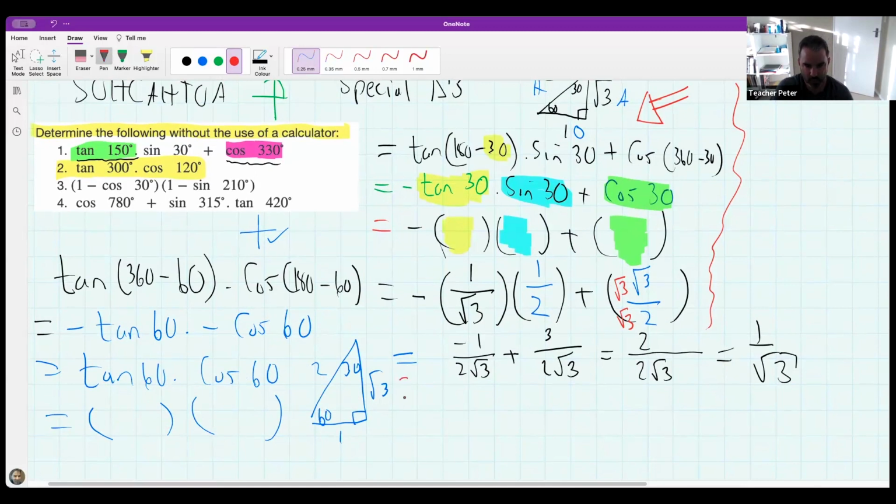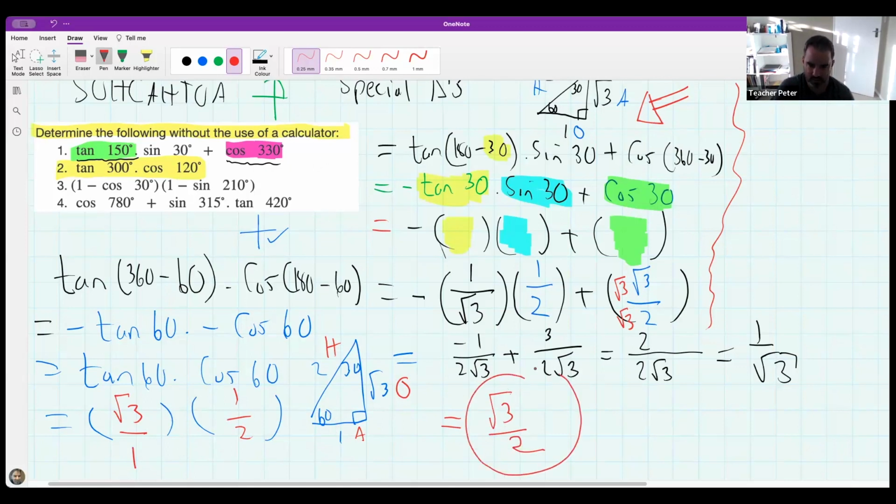So that would be O, H, and A. So tan 60 should be root 3 over 1. And then what is the cos of 60? Well, it's going to be 1 over 2, which gives me a final answer of root 3 over 2.